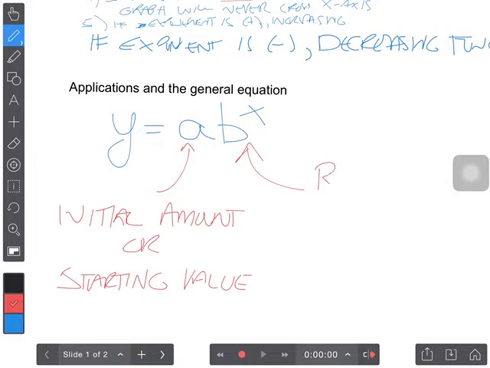And b is our base. And x is our, it could be whatever, time. Time is the normal one there for the most part, but I'll put etc. just in case of the cases that I'm not coming to mind right away. All right, so that's your base equation, the one we're going to be working with.